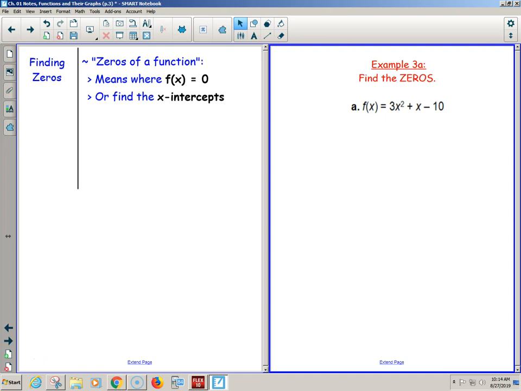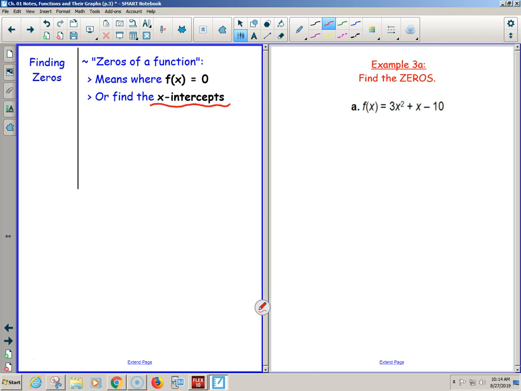But that's weird. Didn't we already talk about x-intercepts, like, I don't know, back in section 1.2 or something? Yes, 1.3, 1.4. We already talked about intercepts and symmetry, so why are we back here? Because when you find the intercept, there's always a 0, either the x or the y. What we used to call x-intercepts, and we're not going to stop calling them that, can also be called zeros of a function, because as soon as we talked about f of x, function values, y values, we can say the function has zeros.